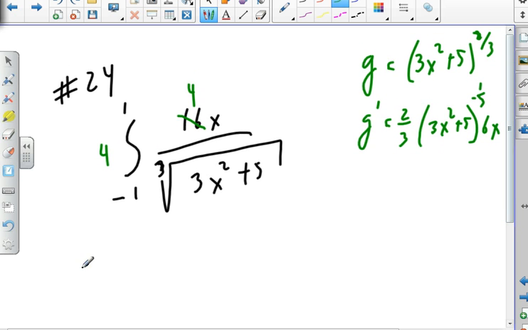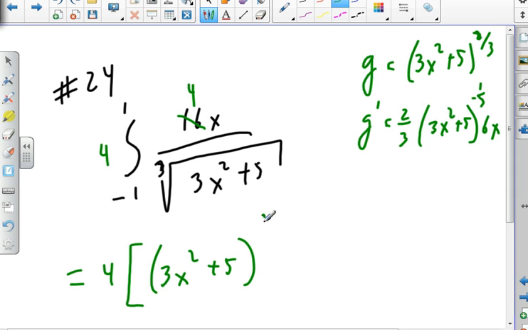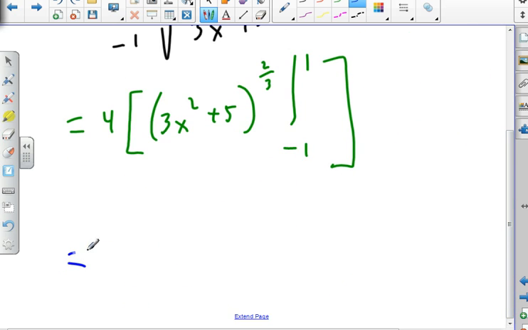Okay, so that being the case, 4 times (3x squared plus 5) raised to the 2/3, evaluated at minus 1 and 1. Four times, I put in a 1. 3 plus 5 is 8.